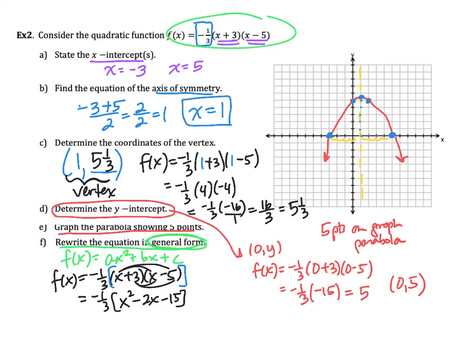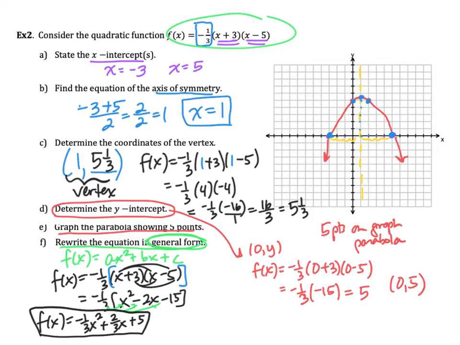Then I go ahead and distribute my negative 1/3. So general form would be negative 1/3 x squared plus 2/3 x plus 5, because negative 1/3 times negative 15 is positive 5. So that is general form.